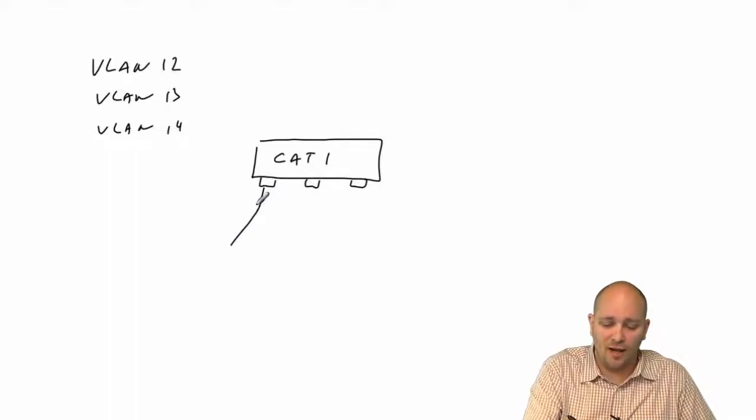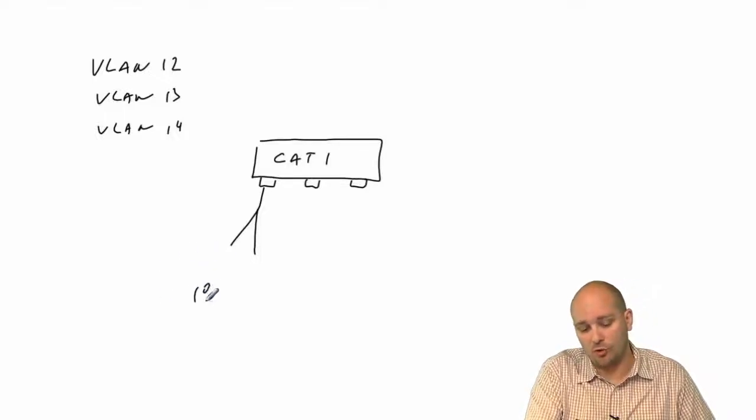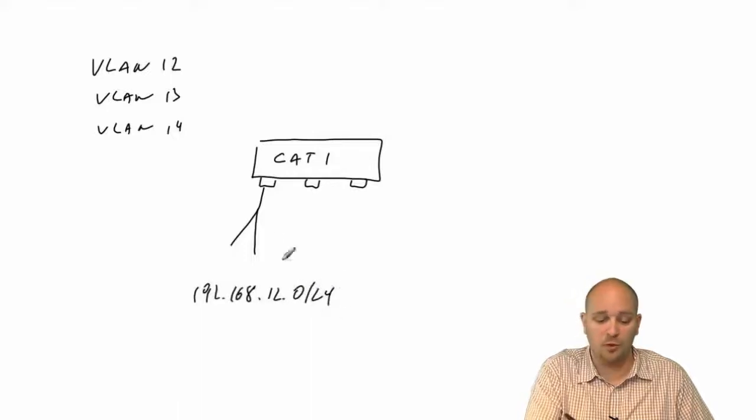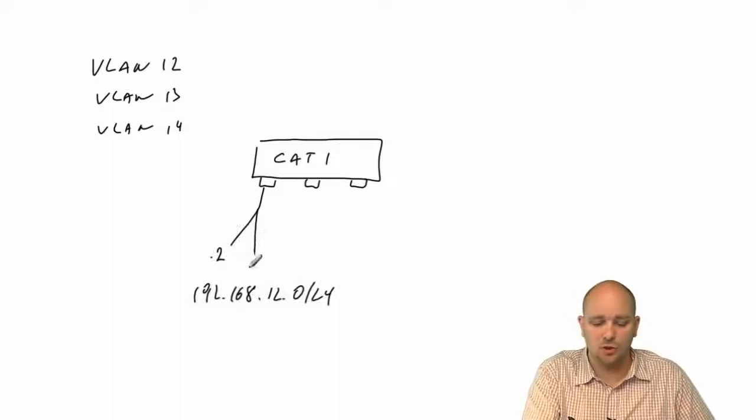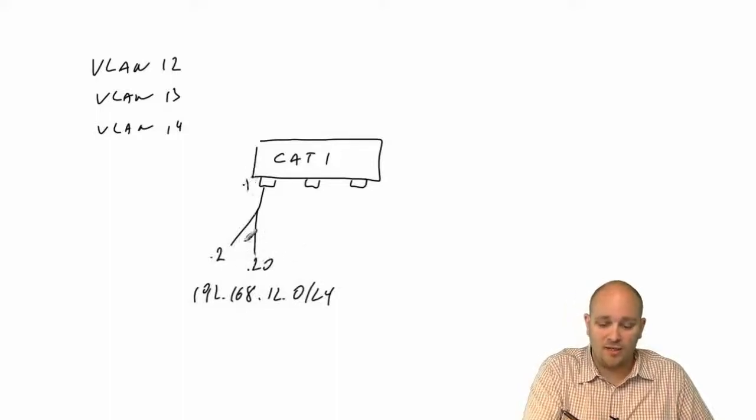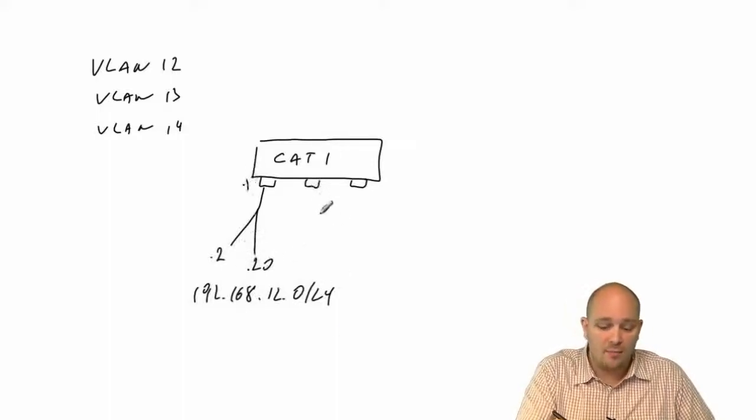So on my VLAN 12, I'm going to have 2 devices connected, and they are going to be on the 192.168.12.0/24 network. So I'm going to have a device that has last octet 220, and on this side I will have .1. In my VLAN 13, I will have a similar setup.